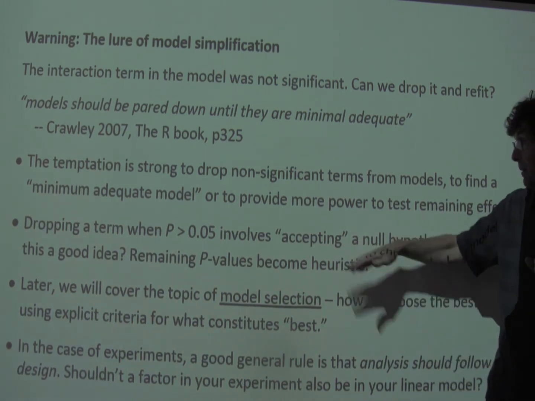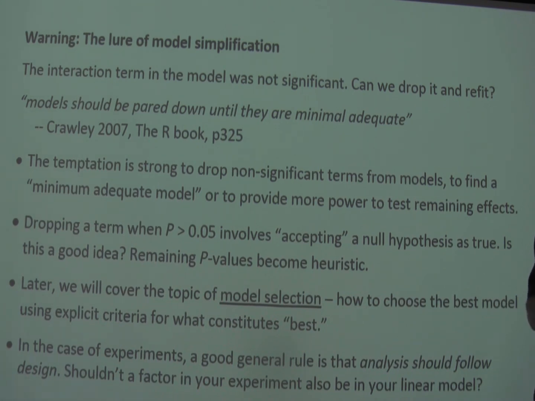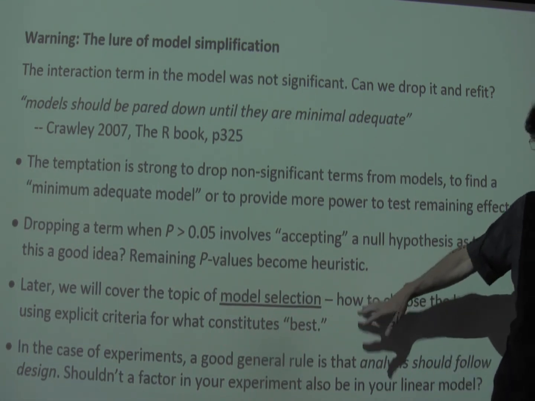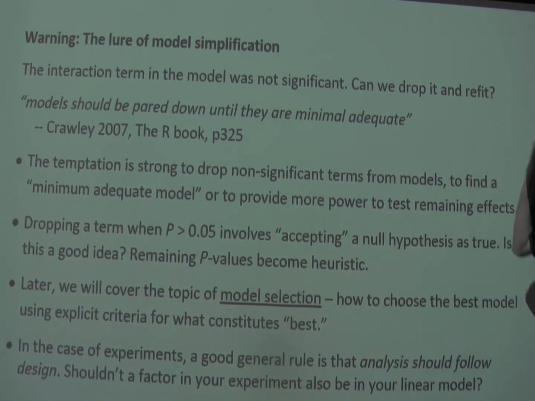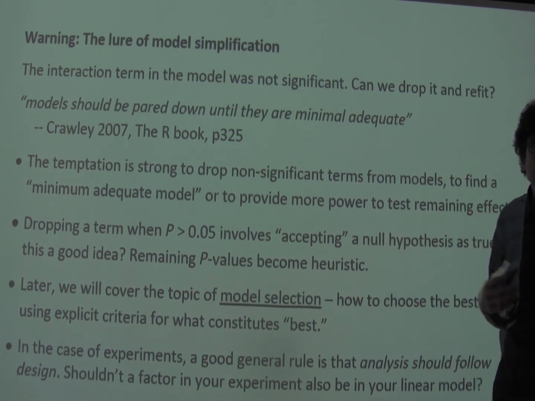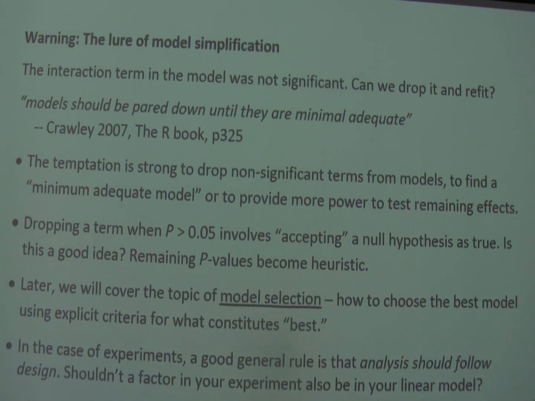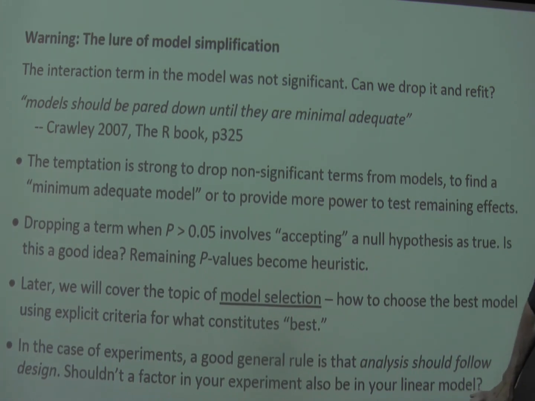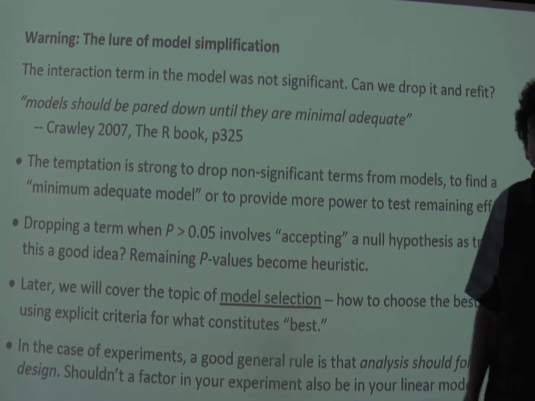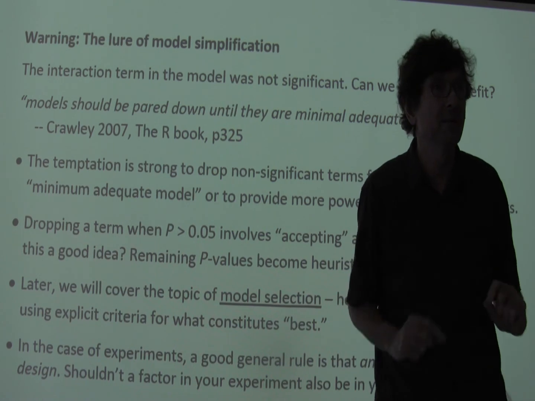But by dropping a variable, you are accepting that the null hypothesis is true. And that means all the other coefficients that you subsequently estimate after you drop it are biased, probably useless. So in general, a good strategy is that analysis should follow design. If the interaction was important to your experiment, you should leave it in the model. You need a very good reason before you take it out.